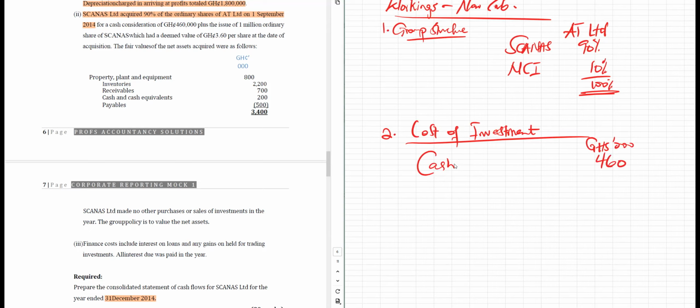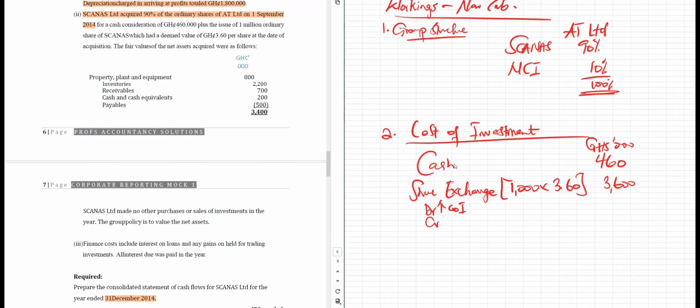Plus the issue of 1 million ordinary shares, a share exchange, with a deemed value of 3.6 per share. So 1 million shares at 3.6 is 3,600. This is a debit to cost of investment, which we see here.